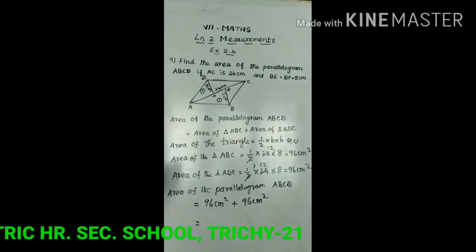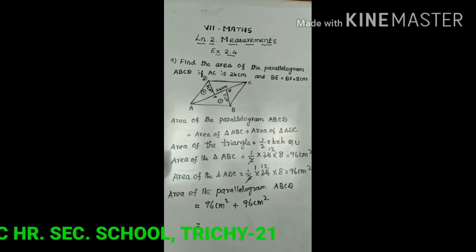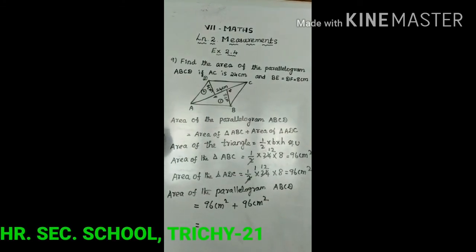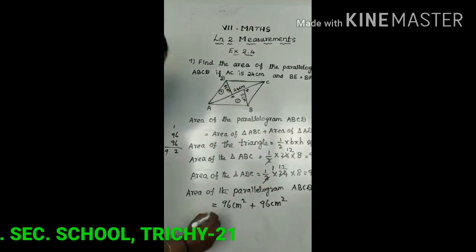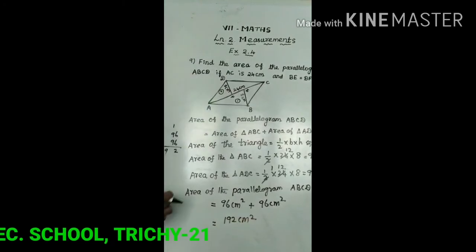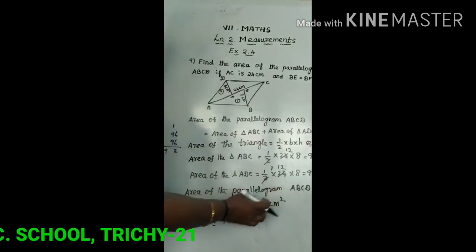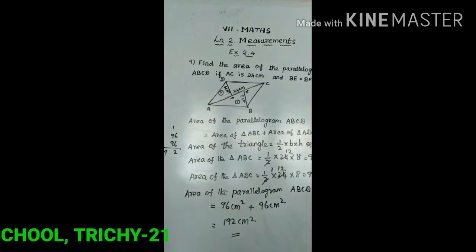Adding the two areas: 96 plus 96, 6 plus 6 is 12, remainder 1, 9 plus 9 is 18, so 192 centimeter square.